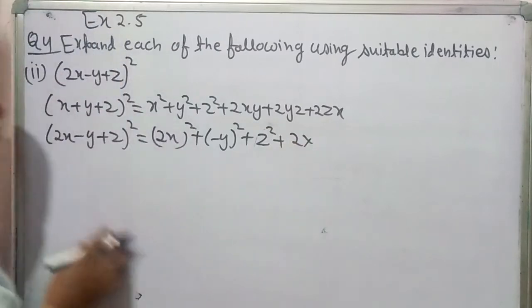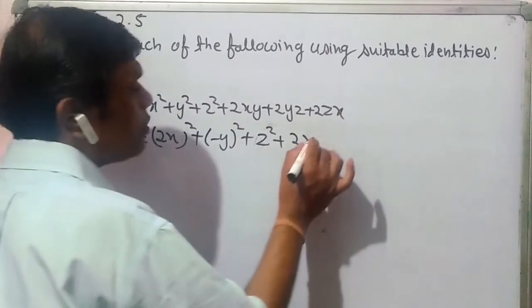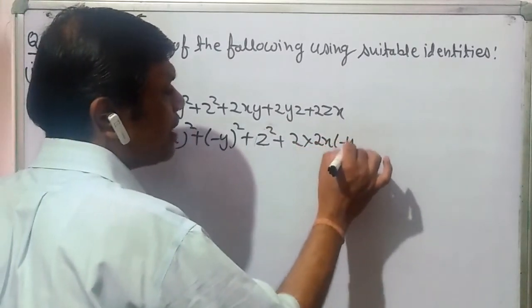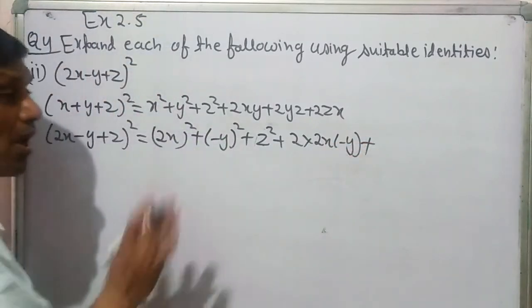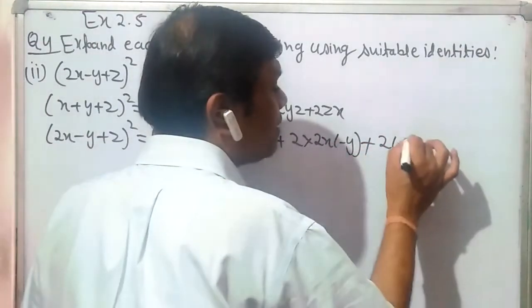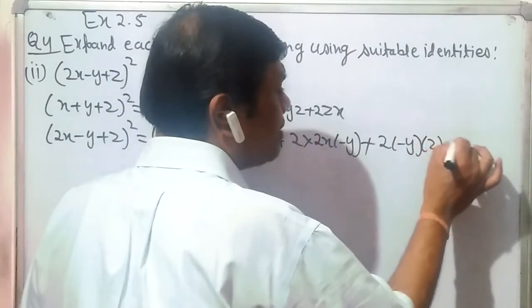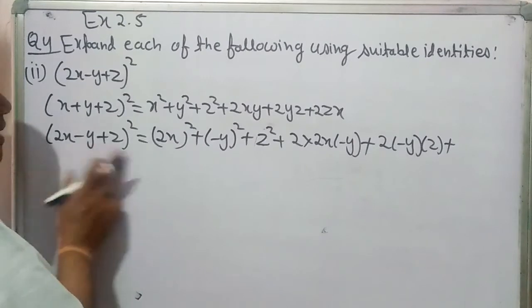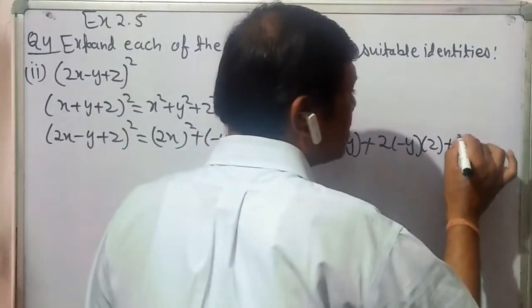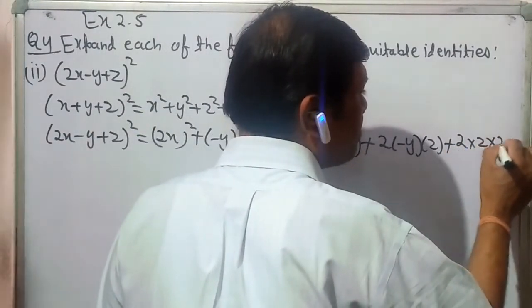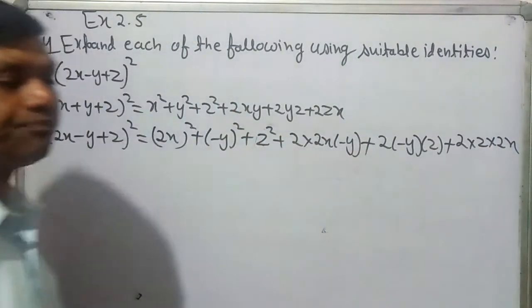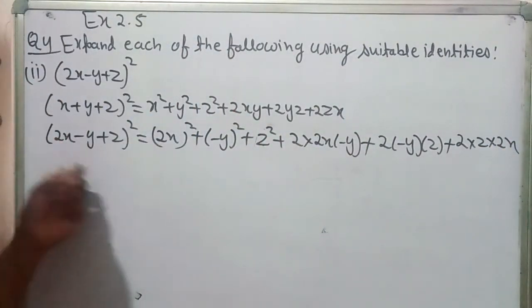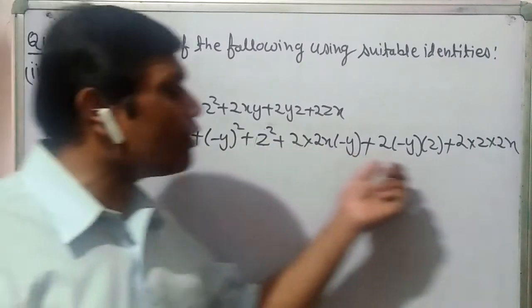Twice x. What is x? 2x. What is y? Negative y. Twice yz, negative y, z. Zx means z and 2x. So 2 multiply z multiply twice x. Please remember, we have to take these terms along with their signs.